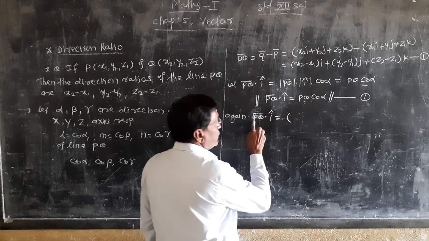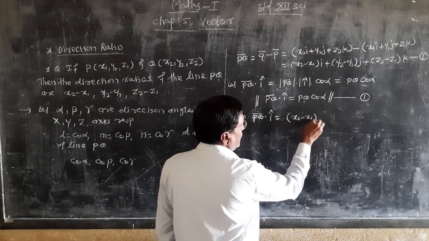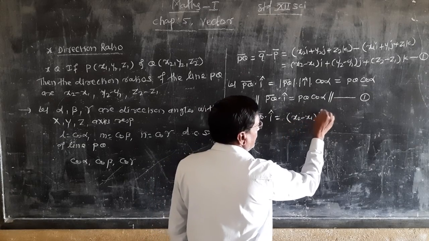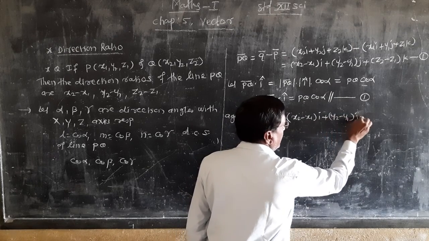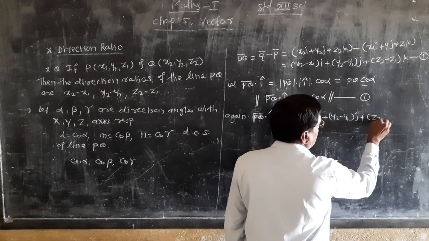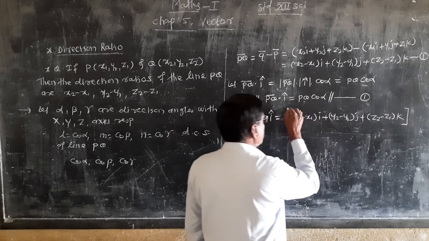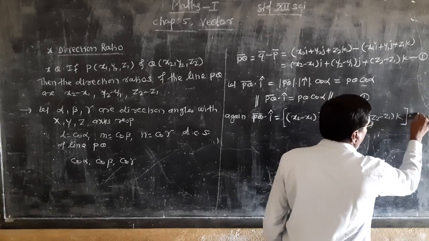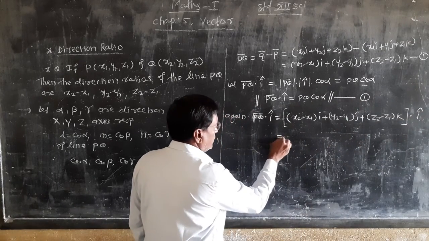You know the value of PQ bar is x2 minus x1 i, plus y2 minus y1 j, plus z2 minus z1 k, and this is dotted with the i vector. Now simplify this dot product.